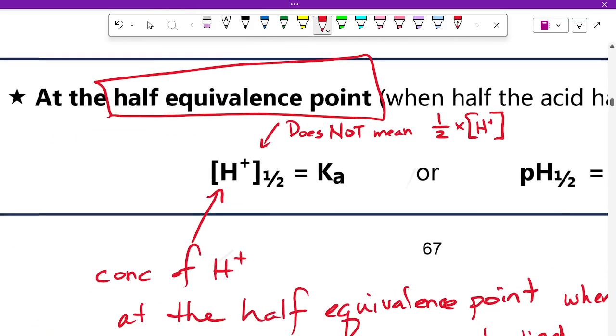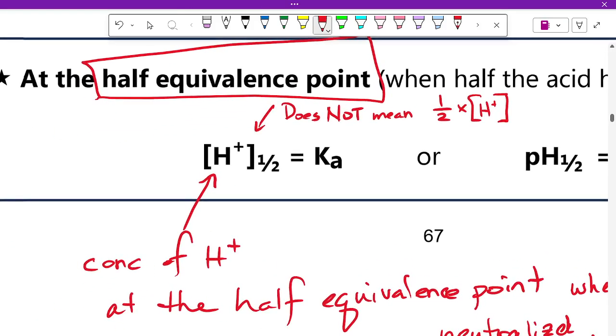What it means is the concentration of H plus at the half equivalence point. That's what that half stands for. Does that make sense? Okay, so just so you know that notation, it does not mean half of the H. It means the concentration of H at the half equivalence point equals Ka of the acid.